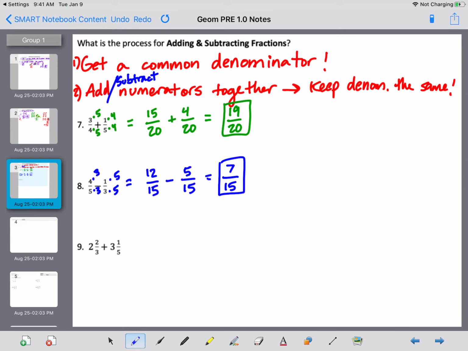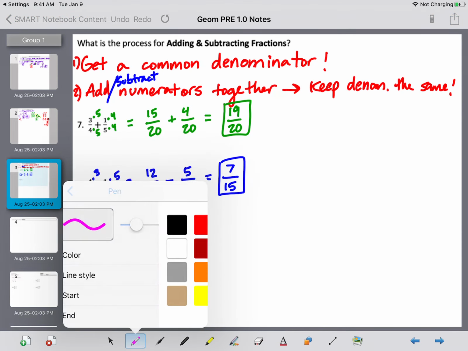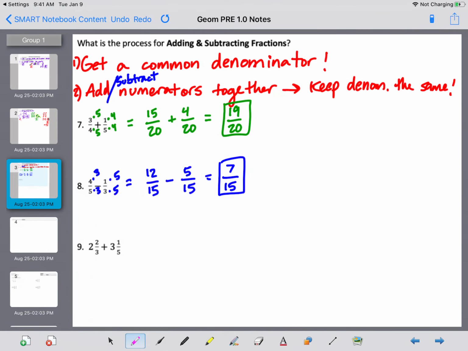All right, so just like what we did with the previous problems, notice number 9 has some mixed numbers. Let's first change those into improper fractions. So 3 times 2 is 6, plus 2 is 8, so this is the same as 8/3, plus 5 times 3 is 15, plus 1 is 16 over 5.